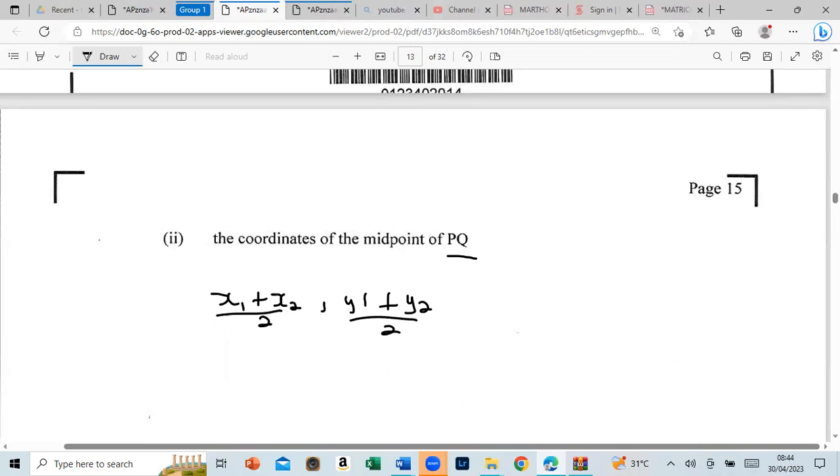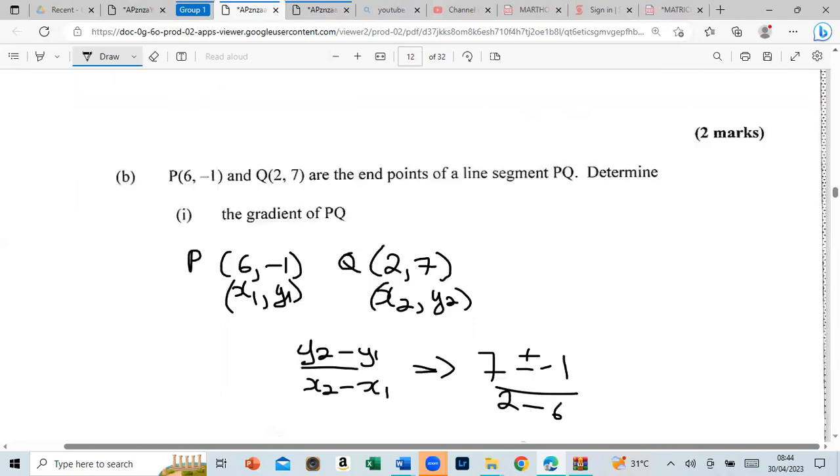X1, that was X1 again. X1 was 6 and 2. So 6 and 2, just work it here. So X1 plus X2 divided by 2, because it is the midpoint between the 2 points, and then Y1 plus Y2 all over 2.